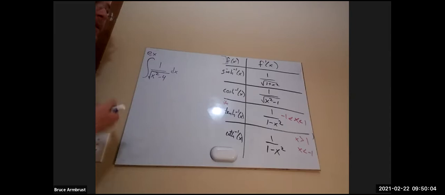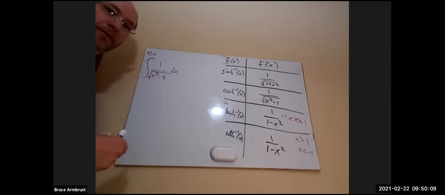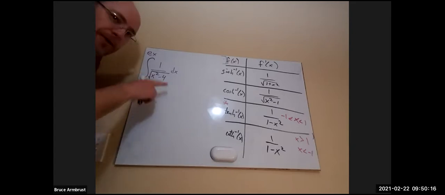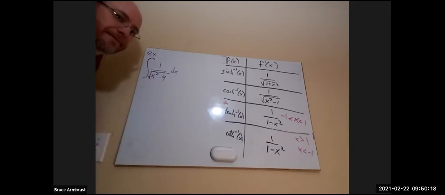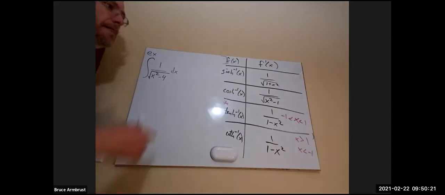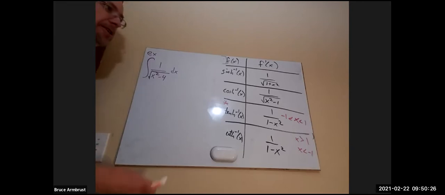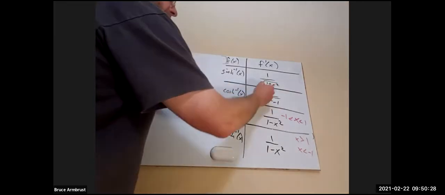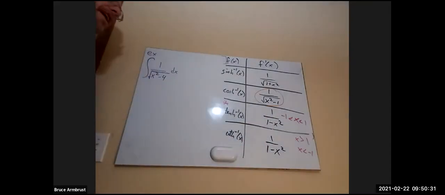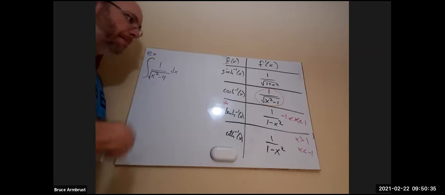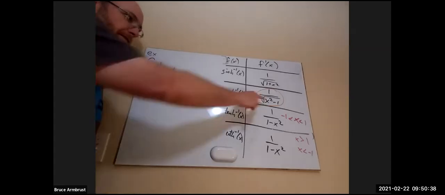This kind of looks like that form, but it's not quite, right? Had it been the square root of 4 minus x squared, we have an inverse trig function for that. If there was an x square root of x squared minus 4, we have an inverse trig function for that. But this one looks very much like inverse cosh. The difference is that there's a 4 here instead of a 1.